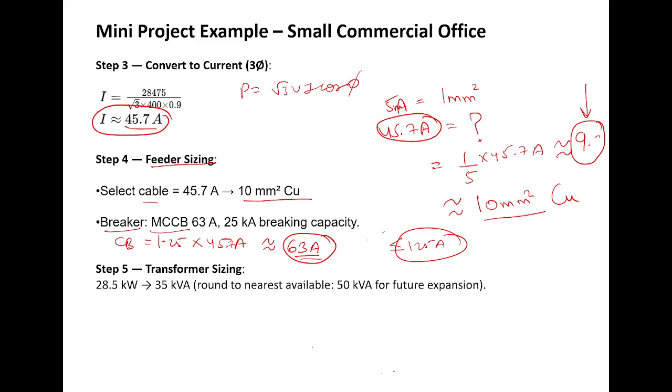That will be discussed. We have a separate chapter on circuit breakers. We'll discuss in detail how to select MCCB, how to select ACB, how to select MCB, and based on what type of load we should go with what type of MCB or MCCB.